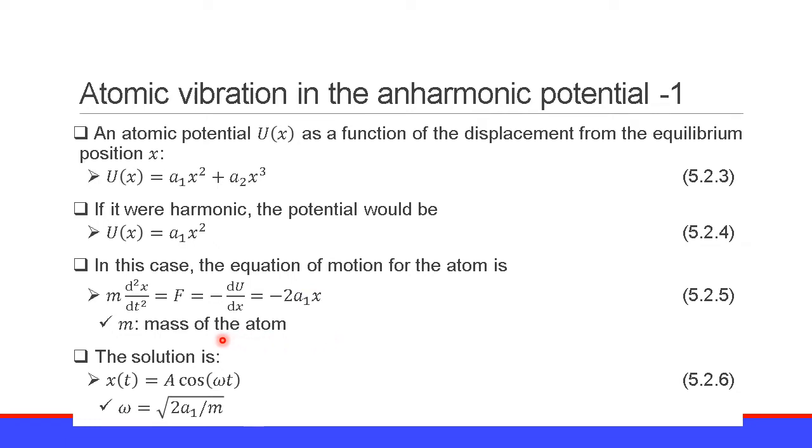Then the solution of this equation is x equals a times cosine omega t, and omega is the square root of 2 A1 over m. m is the mass of the atom.